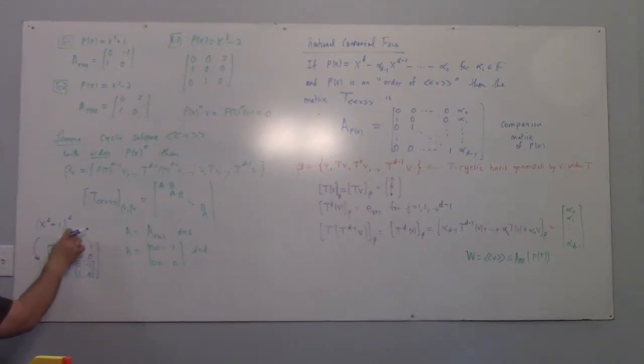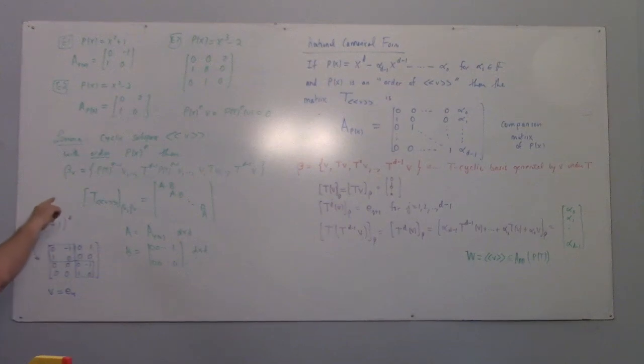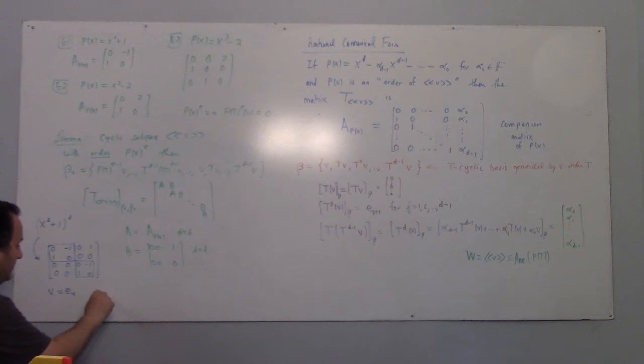So this would make my V, if I want to think about it directly in terms of the standard basis, I think it would be e4, because the list would be, let me just write it out.